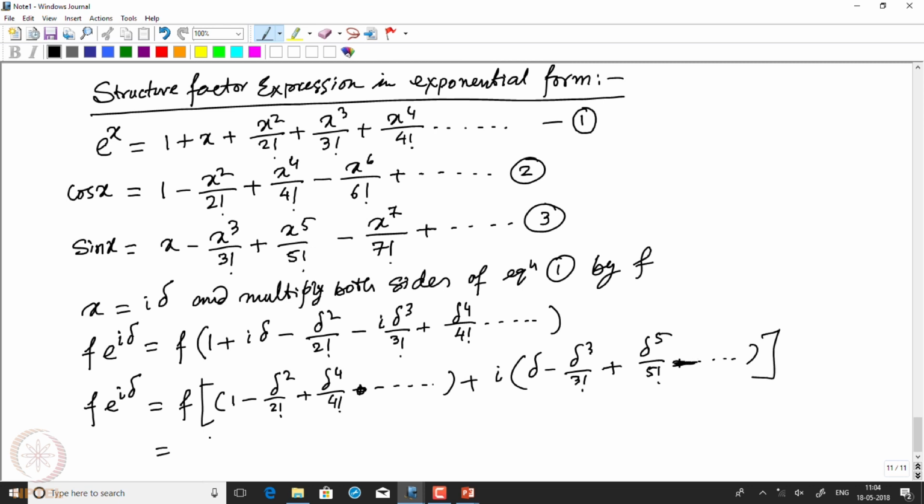So this can now be written as f (cos delta plus i sin delta).